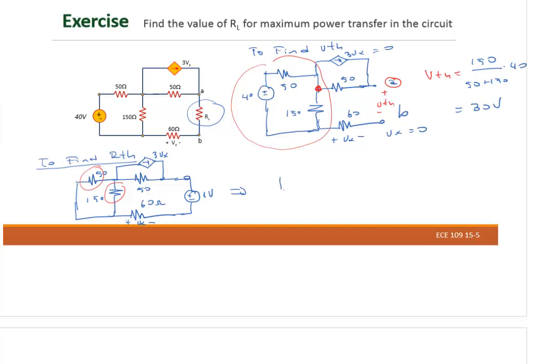So I'm gonna have one resistor here, another resistor right there, and this is my voltage source right there, and this is 50 ohms, this is 60, this is plus minus Vx. I think 150 parallel to 50 comes out to 37.5 ohms. So we still have this one right there. This is 3 Vx.